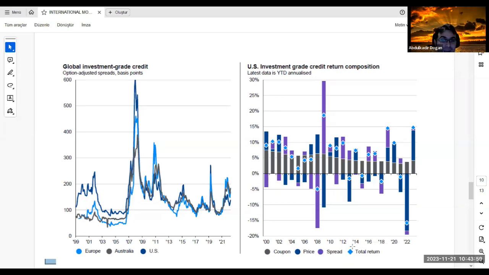And this light blue rectangle will be my total return. Investment grade credit return will be around 15% for 2023. But last year, I lost approximately 20% in investment grade companies.